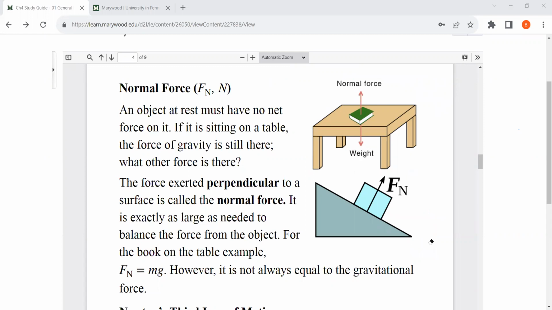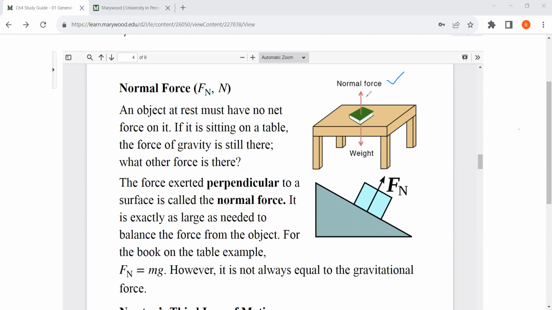Now, in some cases the normal force is equal to the gravitational force. For example, for this simple problem, the gravitational force and the normal force are equal and opposite, but it's not always the case. Here, because the object is at rest, the normal force and weight are equal and opposite, because they balance each other.